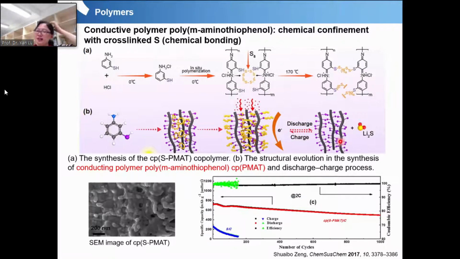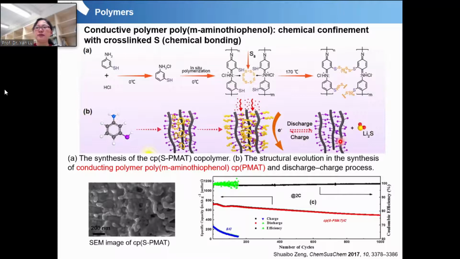And here I just want to mention that in Germany, we now have an SPP, a so-called Schwerpunkt program, based on the polymer-based battery system. Professor Uli Schubert from Universität Jena is the speaker for this polymer-based battery program.